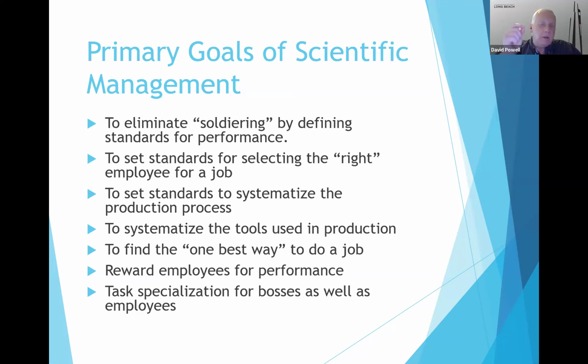The ones that contribute to efficiency, you consider those to be what he called true movements. The ones that detract from efficiency are called false movements. You obviously eliminate the false movements, collect all the true movements together into that one best way to do the job. You then make sure you've hired people who have the skills to do it. You train them in the one best way, and then you manage them with middle managers, supervise them to make sure they're doing it in that one best way.